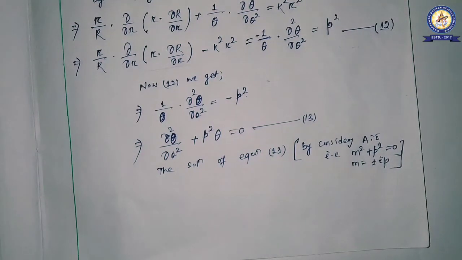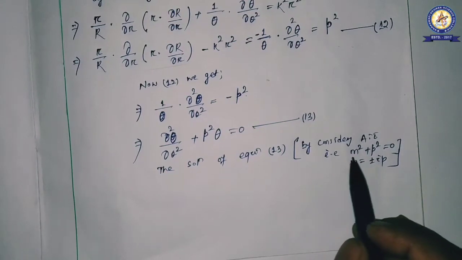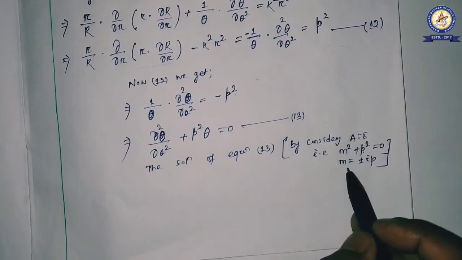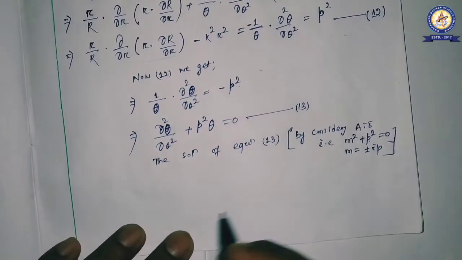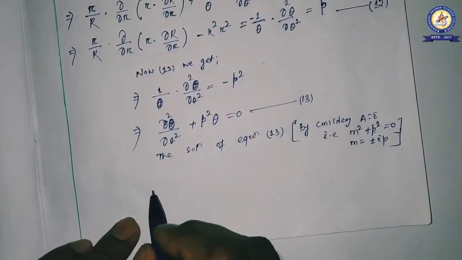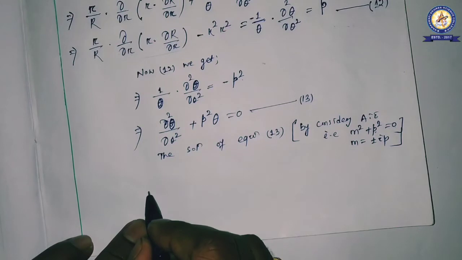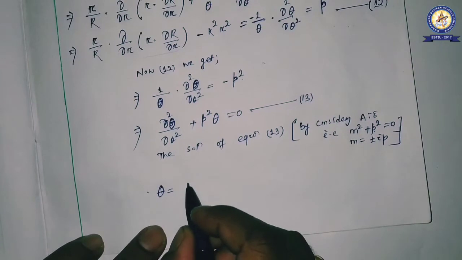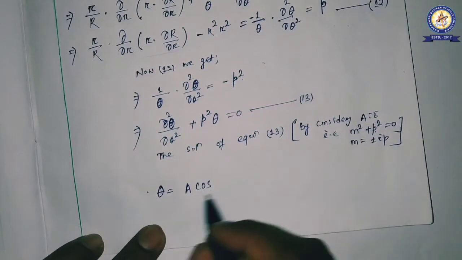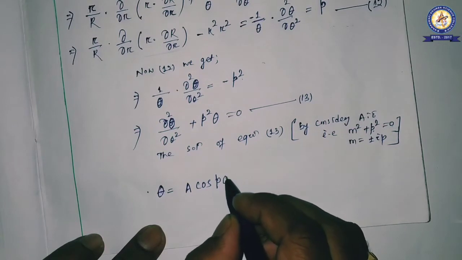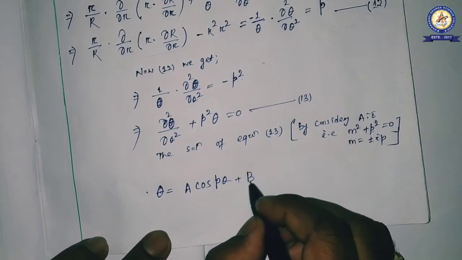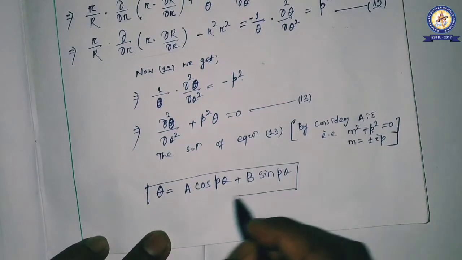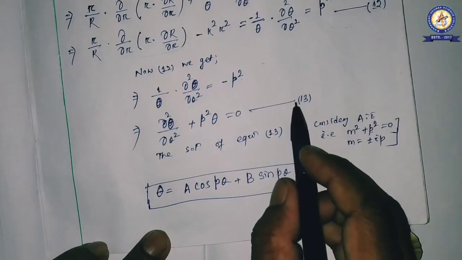The solution of equation number 13 can be written as capital theta equal to some constant, suppose a cos small p into small theta plus b into sin small p into small theta. This will be the general solution of equation number 13.